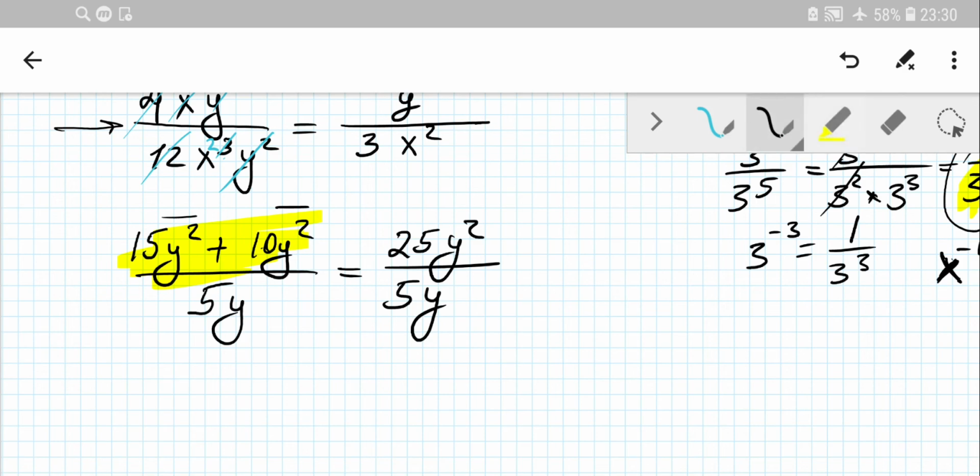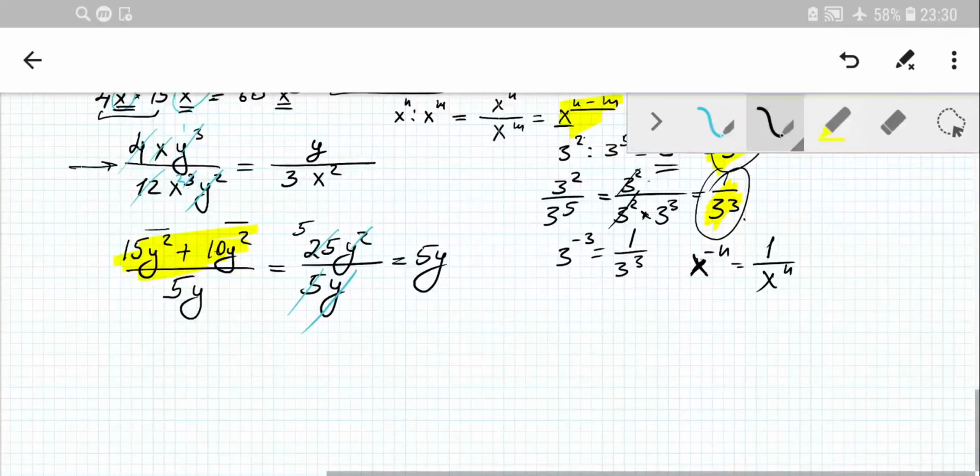Now you can cancel, because this is completely a division of two expressions. So 25 over 5, you're left with 5 here. So the final answer will be 5y.